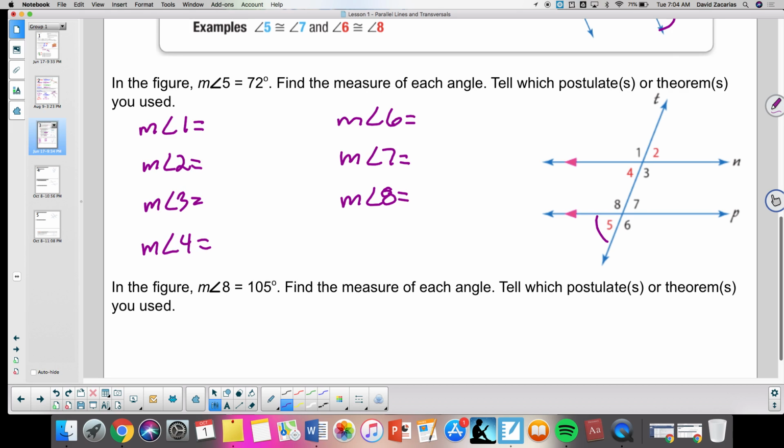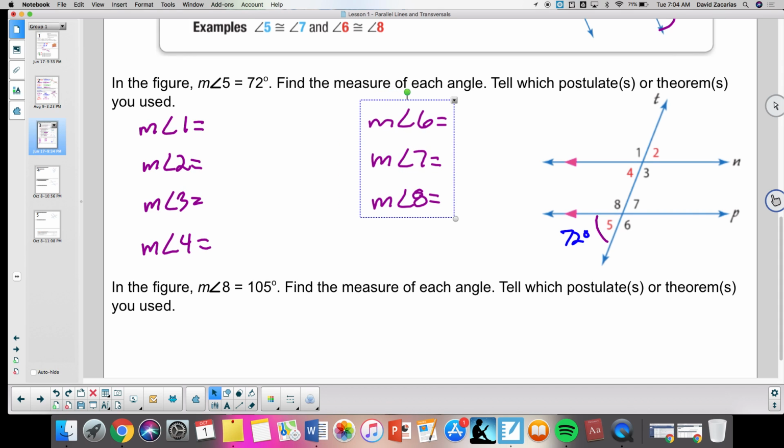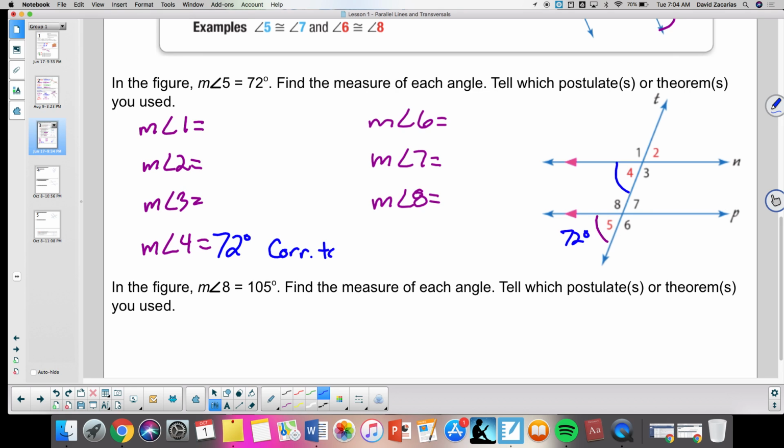So, notice that we were given that angle 5 is 72 degrees, and there's a whole bunch of reasons we can state here. Let me move these over a little bit. Angle 5 and angle 4 are corresponding angles, and we know that those will always be congruent to each other. So angle 4 is corresponding to angle 5.